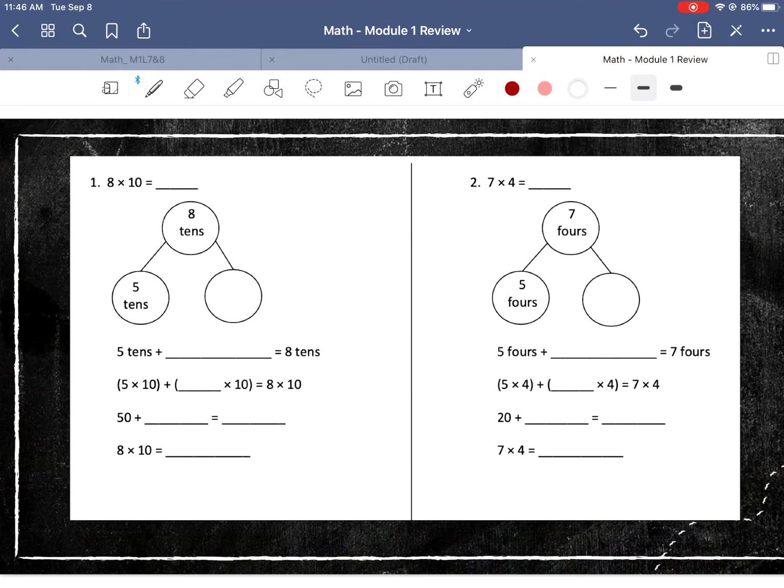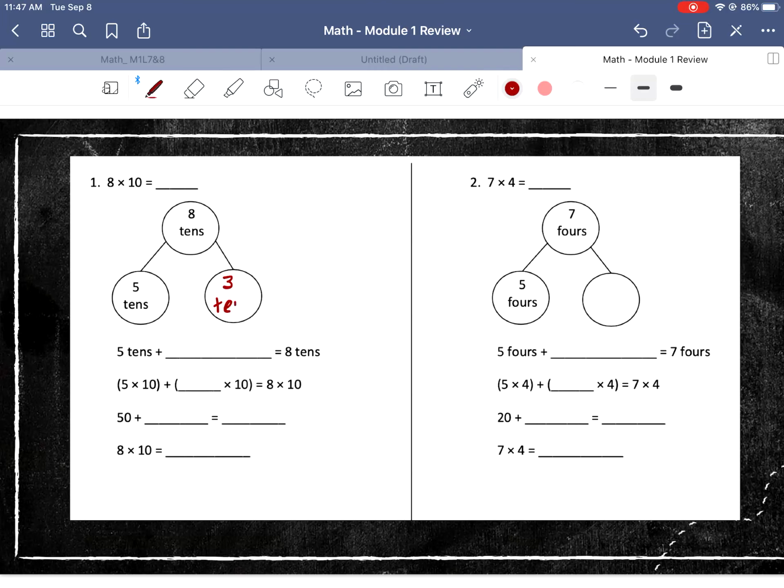And we're now going on to our number bond. So 8 times 10. We're going to use the number bond to make our multiplication easier. So the total is 8 tens. And inside this first bubble, there are 5 tens.